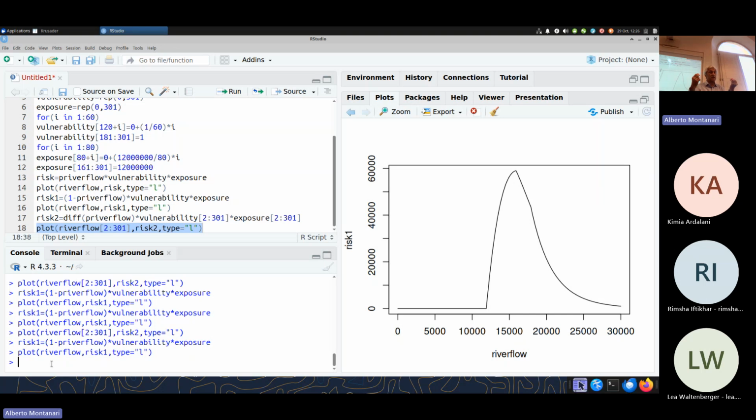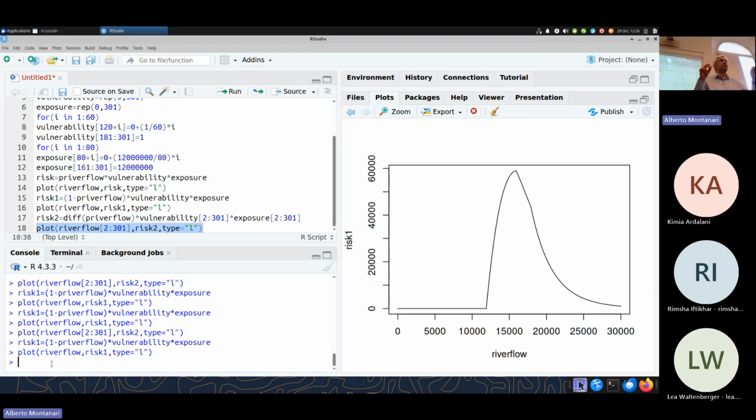So what is the meaning then of multiplying this probability by vulnerability and exposure? The amount of money that I get is the expected damage, the average damage that in 1 year I get from a river flow of 15,000 or higher. Okay, so this is like 0.6 millions.